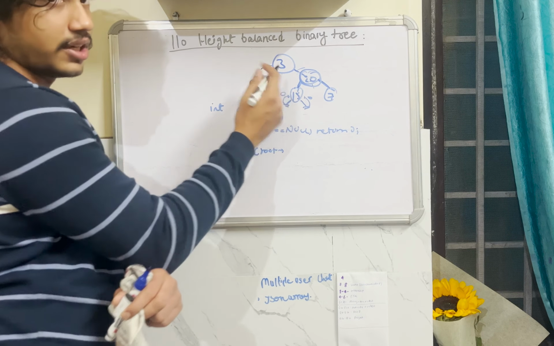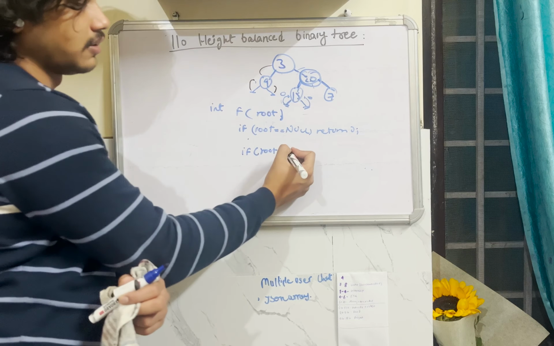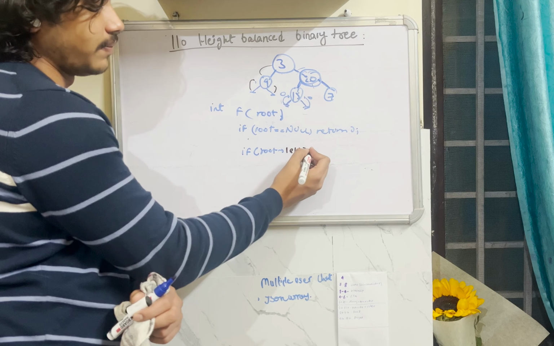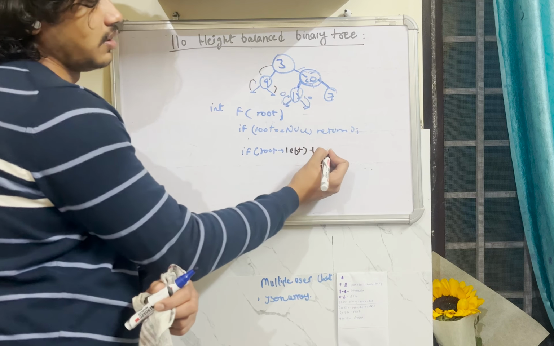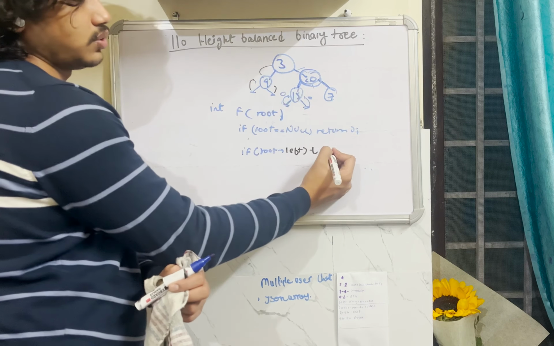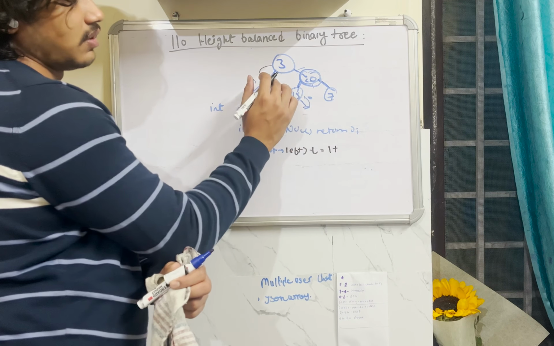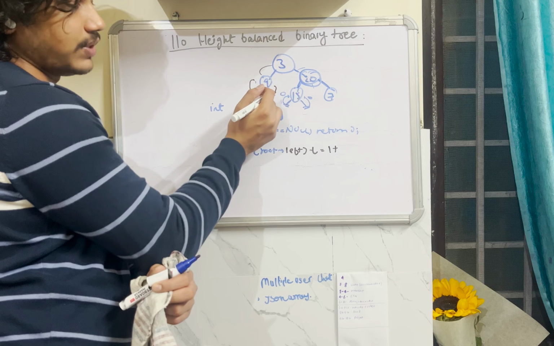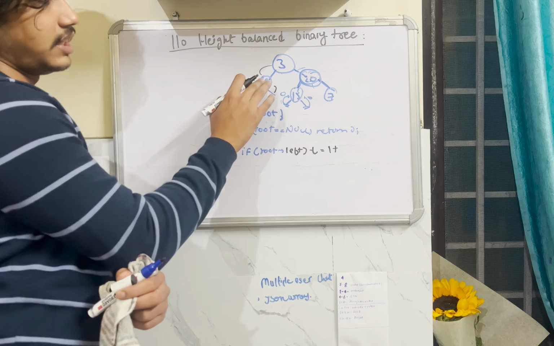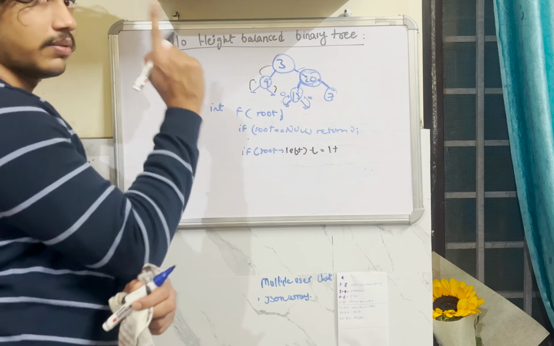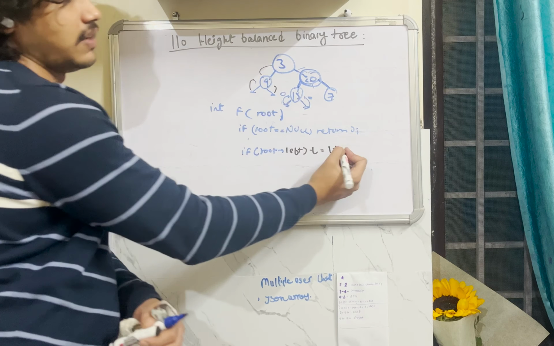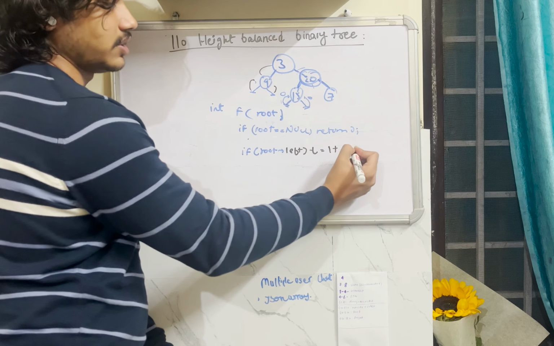What should it return to its own parent? One node is there, so it should return 1 plus the value its DFS traversal is giving. It tells the parent, I am a node, and below me the value will be given by the recursive call.